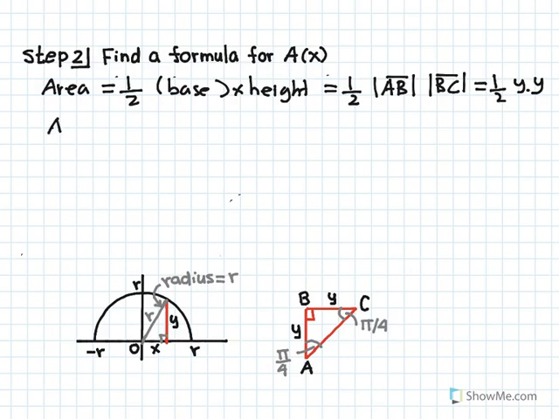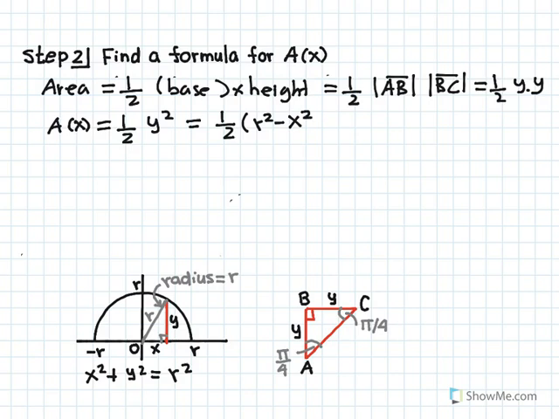So the cross-sectional slice as a function of x is going to be 1/2 y squared. But we defined y in terms of x. From here, you can see we have the relationship between x and y because of the equation of a circle, x squared plus y squared is equal to r squared. So we get 1/2 times y squared. If you solve for y squared, we get y squared is equal to r squared minus x squared, isolating for y squared.